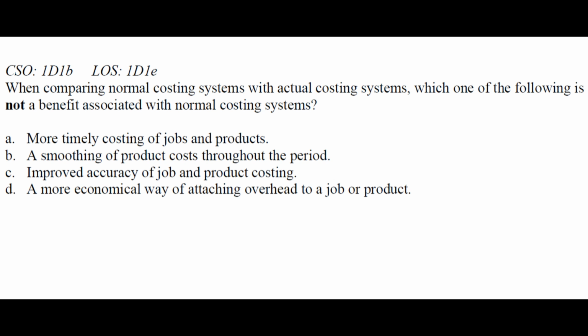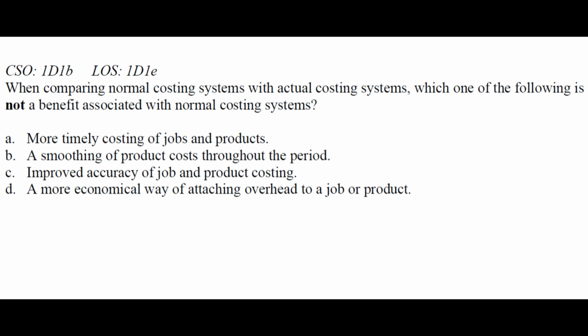Typical benefits of normal costing include more timely costing because overhead can be applied during production, smoother product costs, avoiding month-to-month fluctuations caused by seasonal overhead spending, lower administrative cost and easier application of overhead. However, because overhead is estimated rather than actual, normal costing does not necessarily improve accuracy. In fact, actual costing may be more accurate after all actual costs are known.